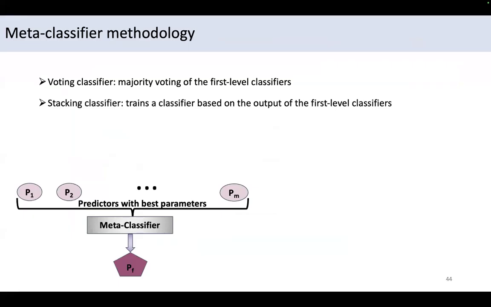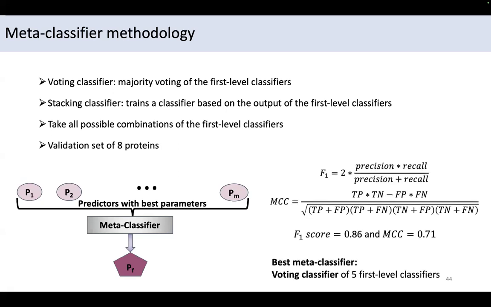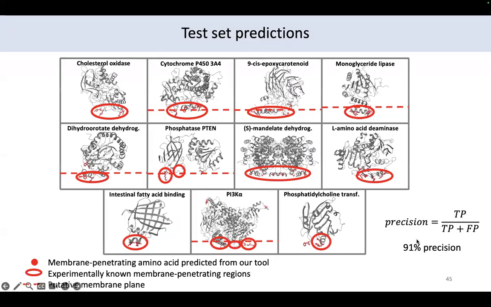And also a stacking classifier trains the classifiers based on the output of the first level classifiers, takes all possible combinations of the first level classifiers, and validates it. We validated it for a set of 8 proteins. And finally, the result that we received is that the F1 score is 0.86 or 86%, and 0.71 for MCC.